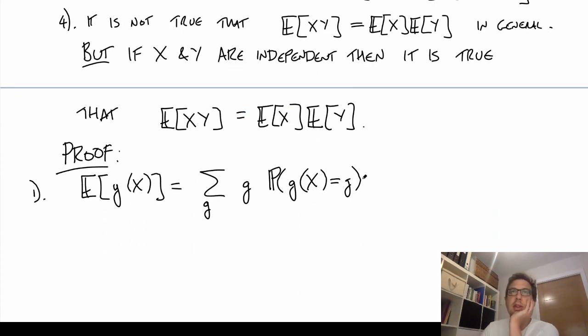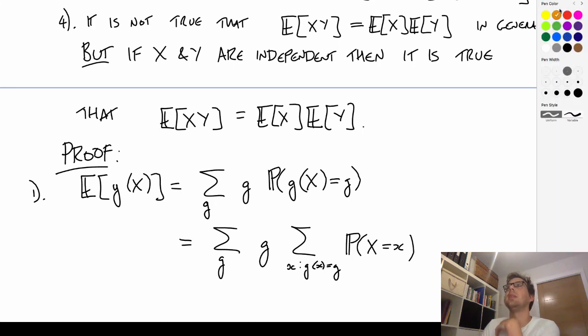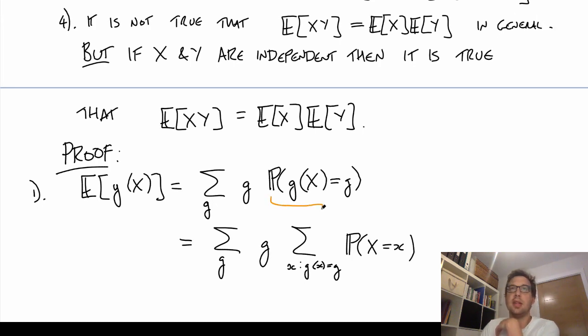But then this probability is really a sum over all the values of x such that g of x is equal to g, and then we're applying the probability that X is equal to x for each of them, okay? Why is that? Because this probability is really just exactly this thing here, alright?